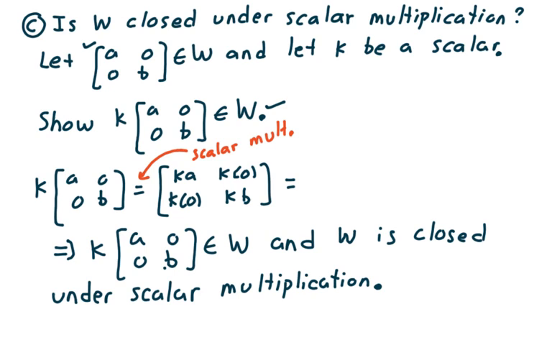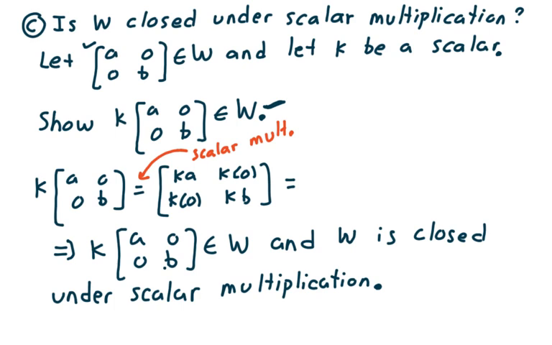Part C. Is W closed under scalar multiplication? The answer to this question is also yes. Let the matrix [A, 0; 0, B] belong to W and let K be a scalar. We want to show that K times the matrix [A, 0; 0, B] belongs to W. Now, start with K times the matrix [A, 0; 0, B].